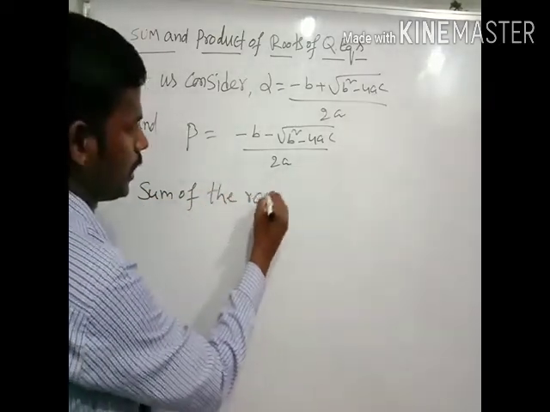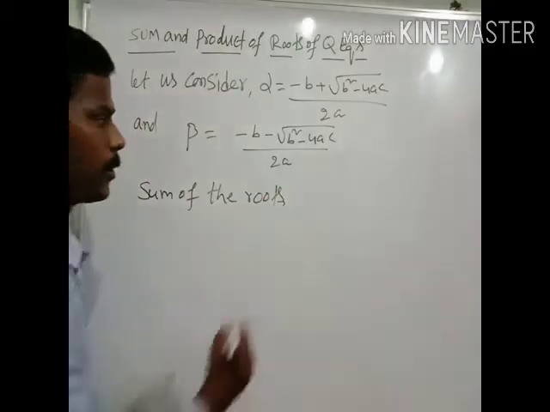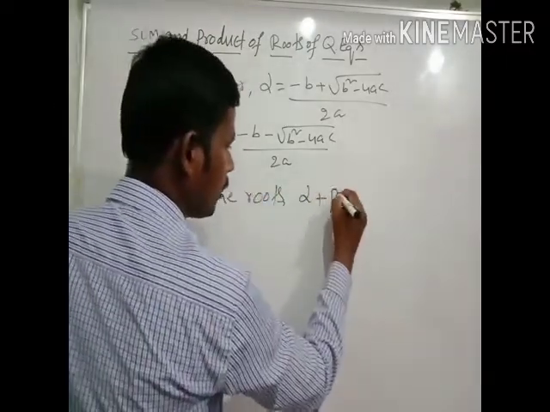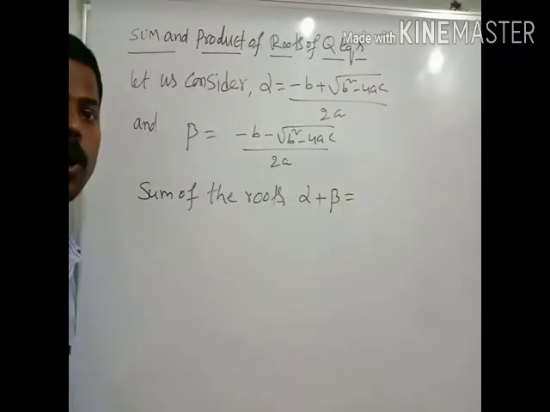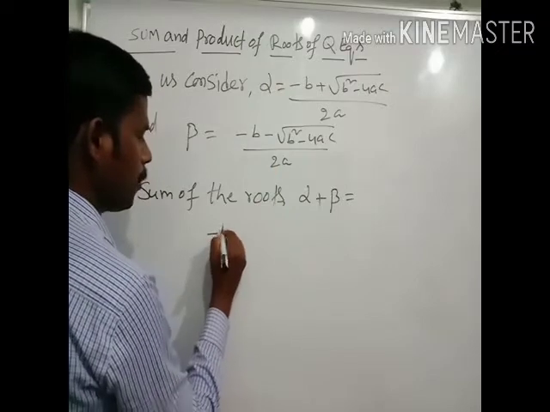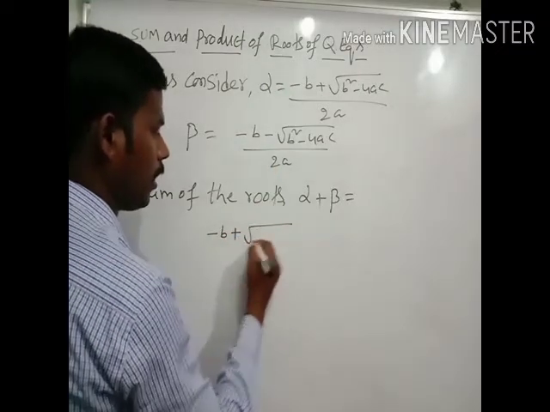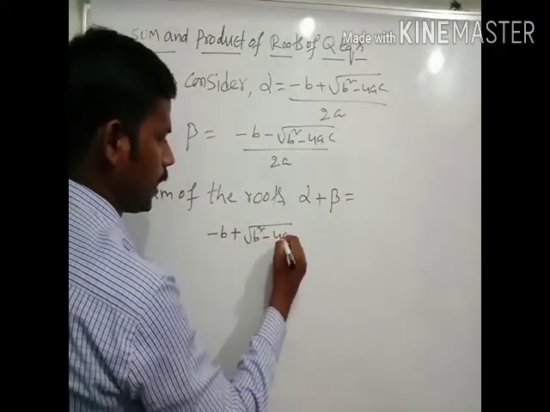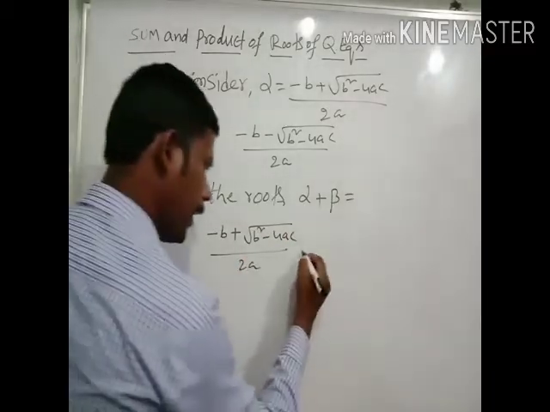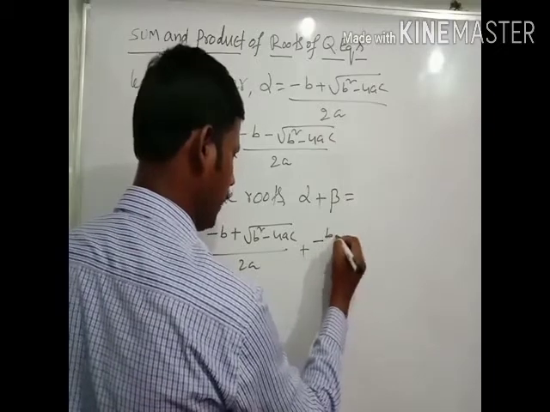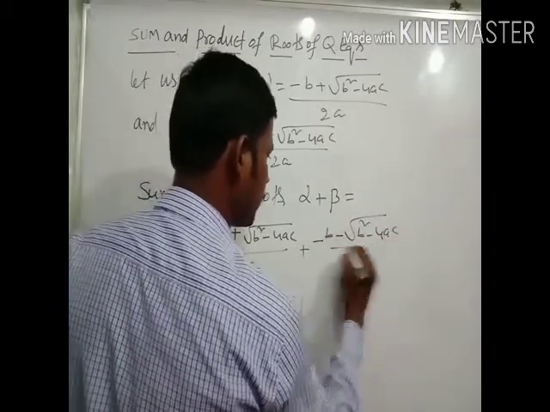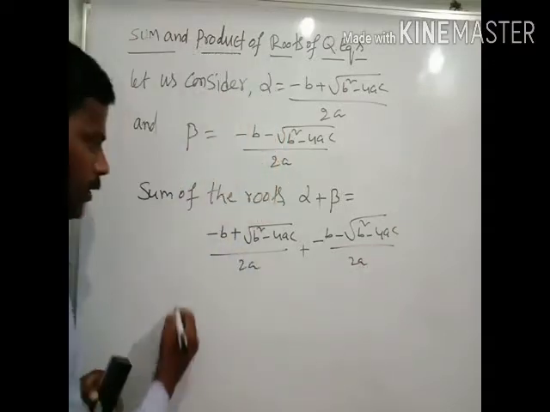Okay children. Sum of the roots means what? According to the given formula, alpha plus beta is equal to how much? So alpha means what, children, here? Minus b plus square root of b square minus 4ac by 2a, plus minus b minus square root of b square minus 4ac by 2a.